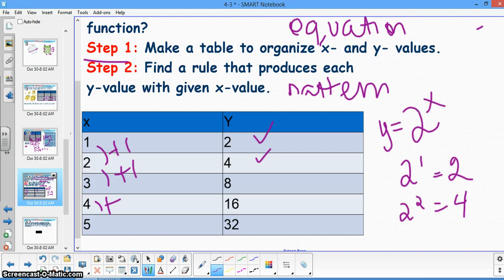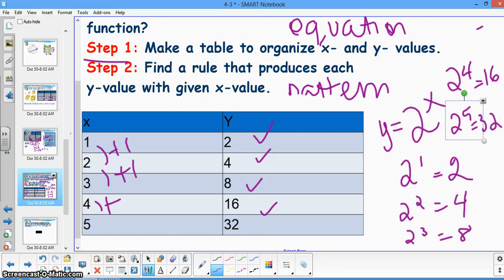That works. 2 to the third, 8. That works. What about 2 to the fourth? Does that work? Oh, 2 to the fourth is 16. 2 to the fifth is also 32. So therefore, my equation y equals 2 raised to the x power is correct.